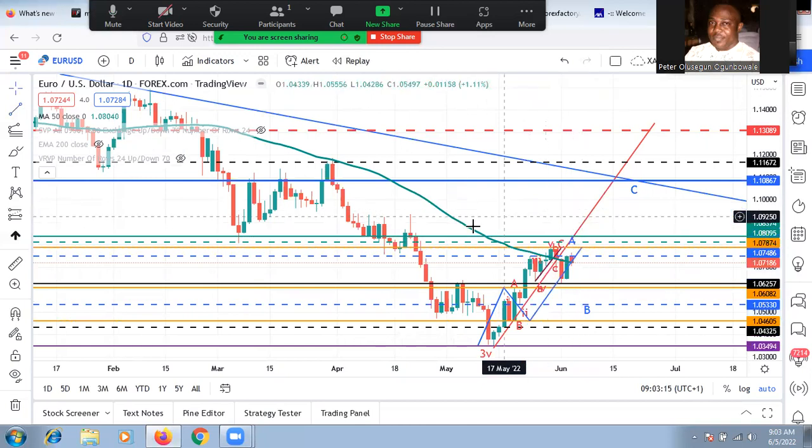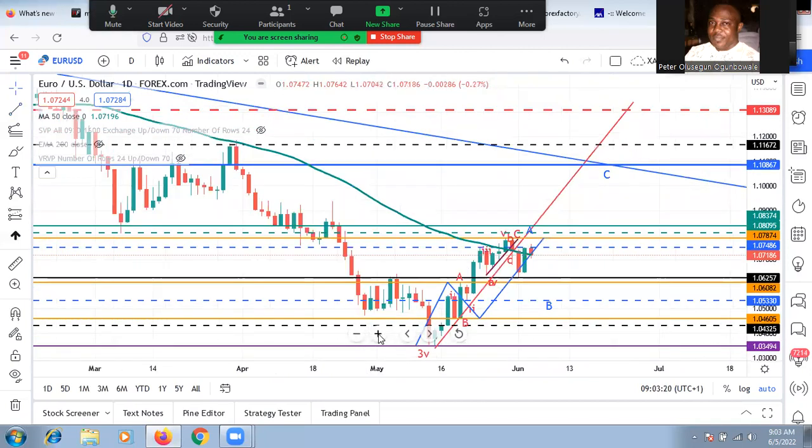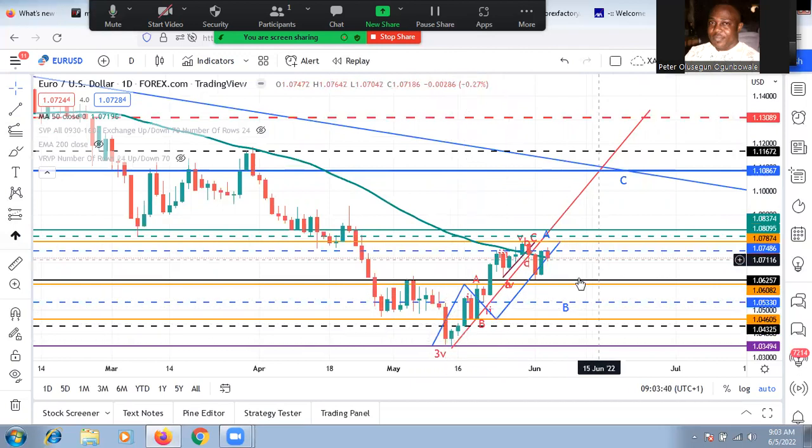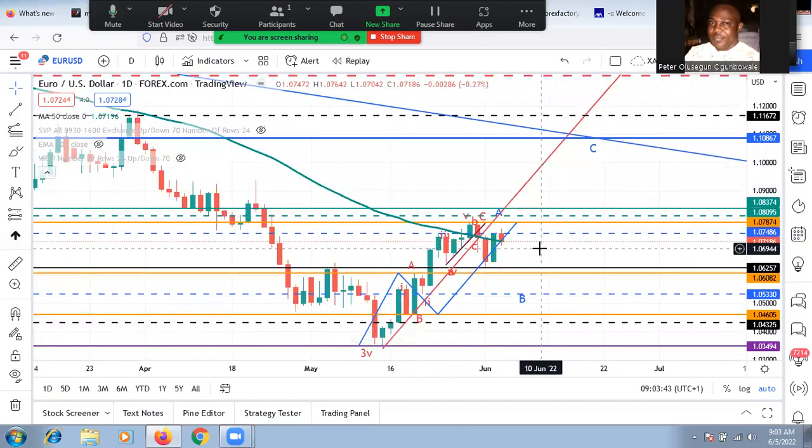So you can look at this again and see the way it's more clear to me, because when you are trying to count in the lower time frame, at times you might just get mixed up and you will not understand what it has done. Yeah, it still looks like a zigzag anyway, but you know, the correction in the middle, in the lower time frame, will mess you up if you don't know. But when you look at it on the higher time frame, the way the wave moved, then you will understand it better.